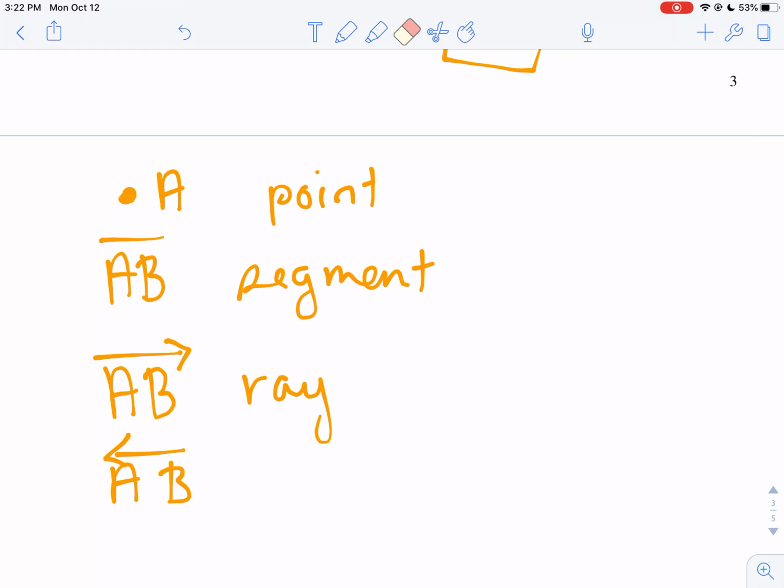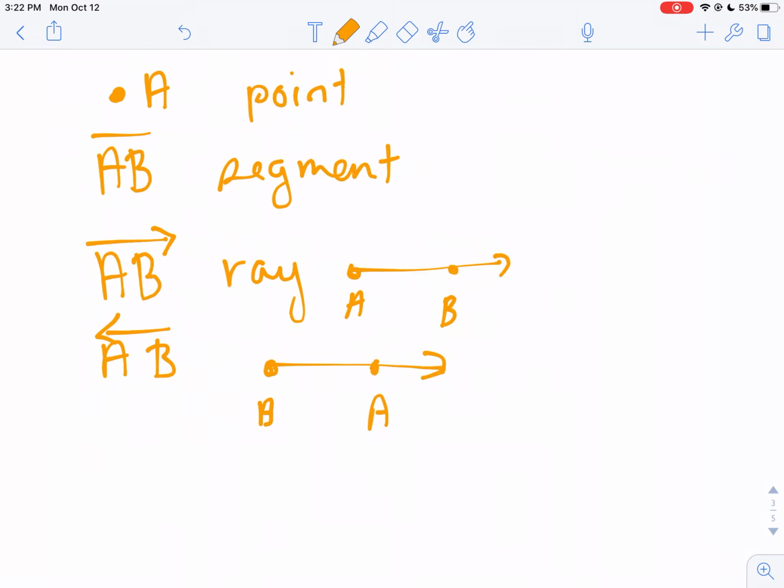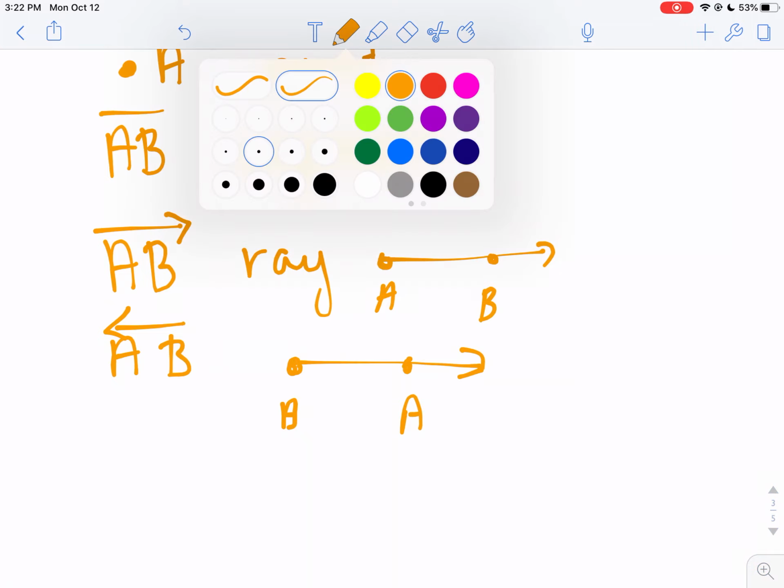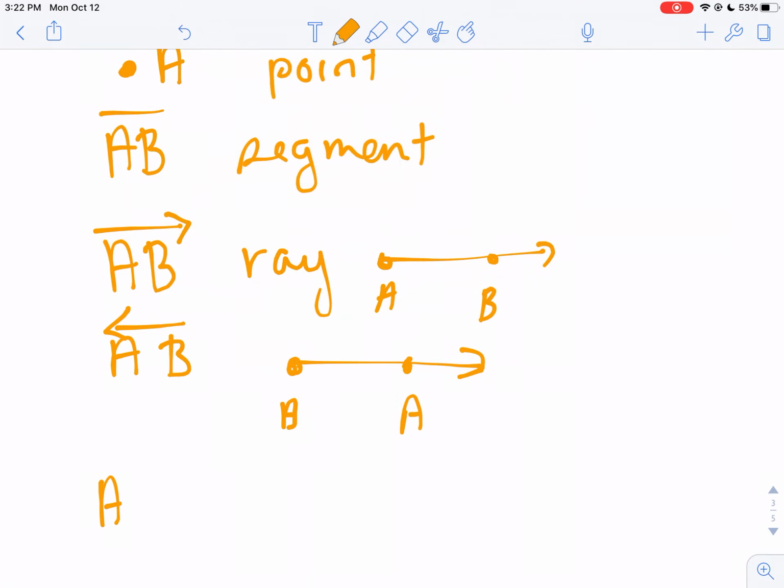For example, for this one here, your A is here and this is your B, whereas ray BA has this endpoint here, starts from B and goes towards A. So just be careful. And then of course you have a line AB, with an arrow on both sides.